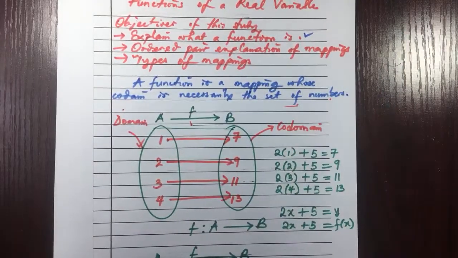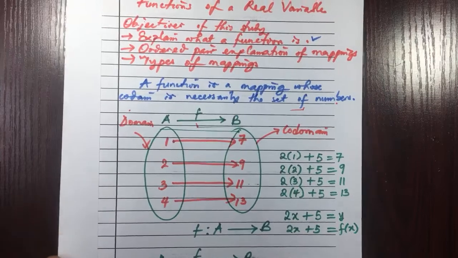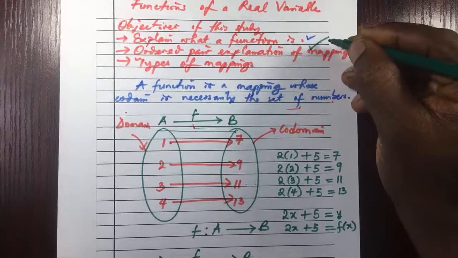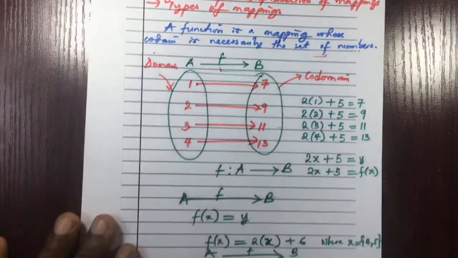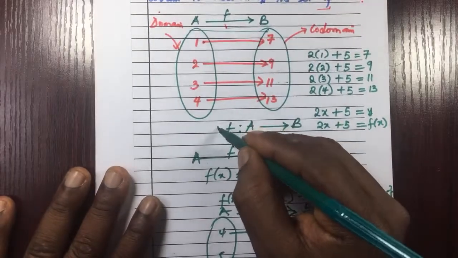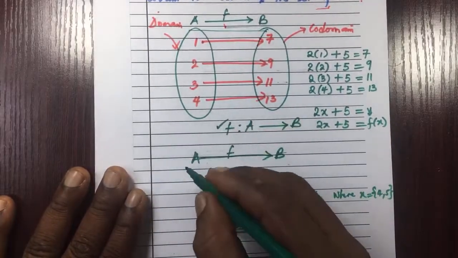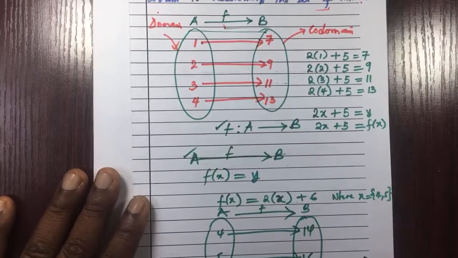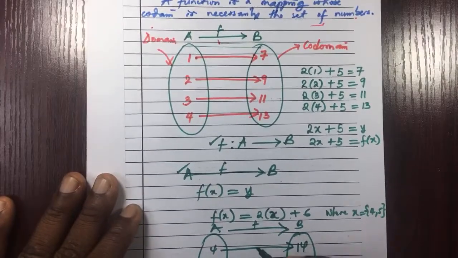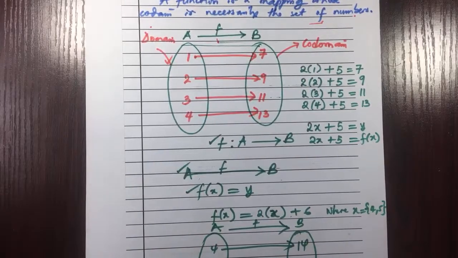One other way for representing mappings is the use of what we call ordered pairs. So we've seen that mappings could be represented in this manner, and this manner, and this manner. Remember also that you could use any letter to represent your mapping. What is the mapping?